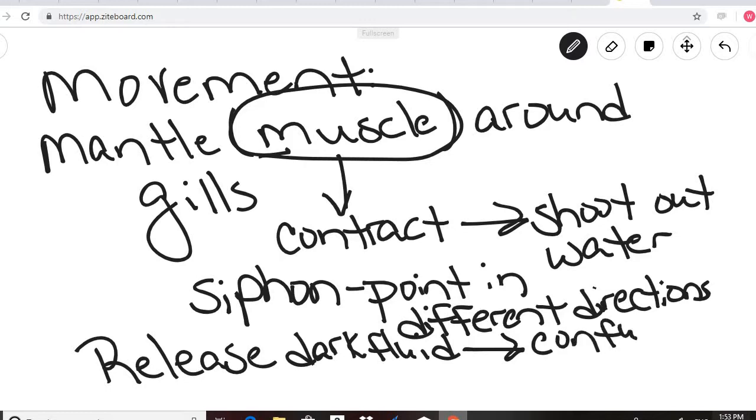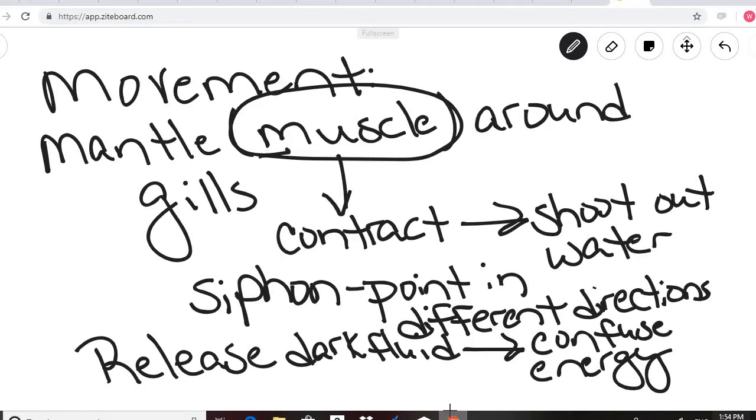So it's a defense mechanism. The ink that is released can also dull the senses of the predators, so that they don't sense the presence of the cephalopod.